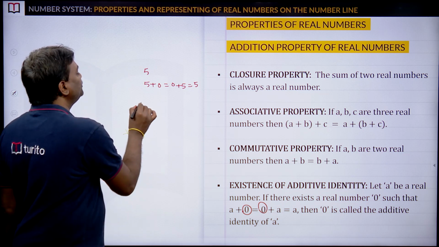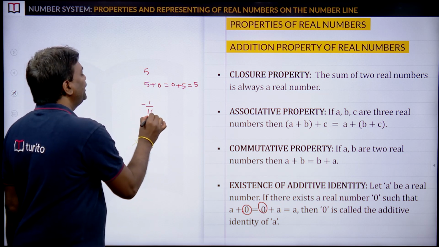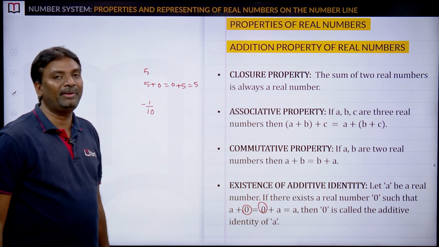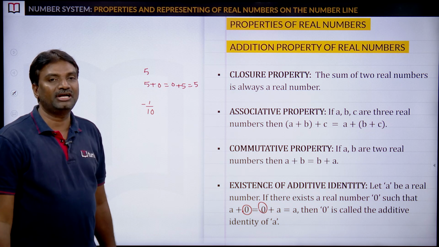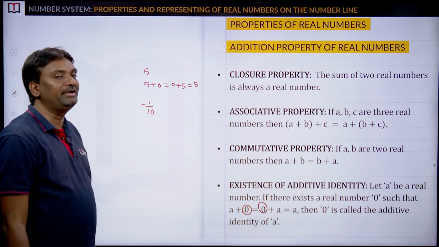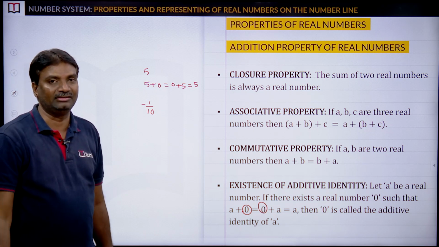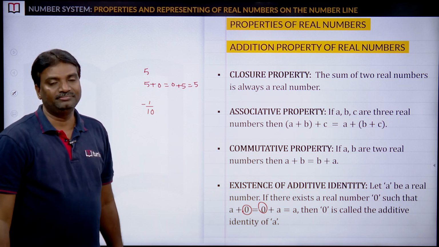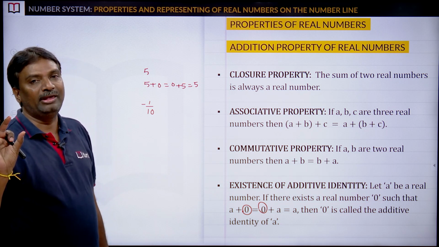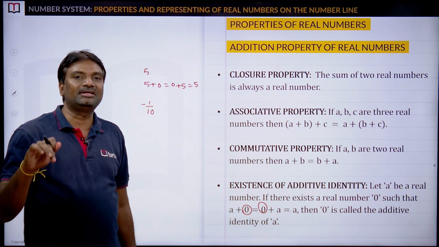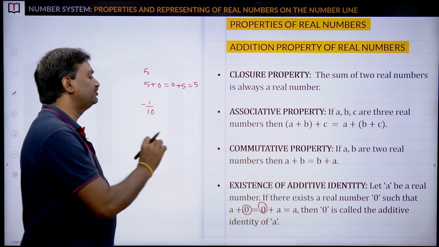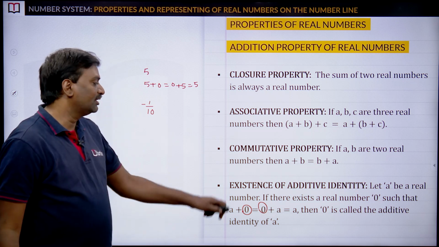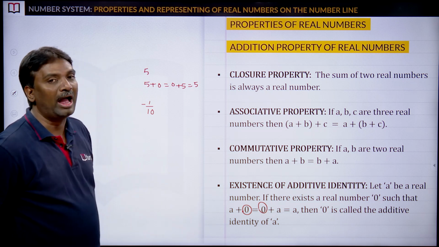Can you say what is the additive identity of minus 1 by 10? You can send your answer in the chat box. What is the additive identity of minus 1 by 10? Yes, very good. So 0 only. Whatever the real number may be, that may be rational number or irrational number, for any real number we can say 0 is the additive identity.